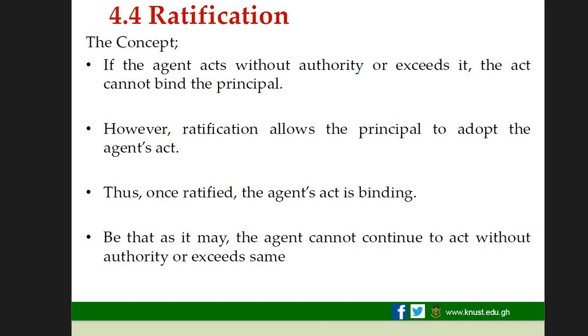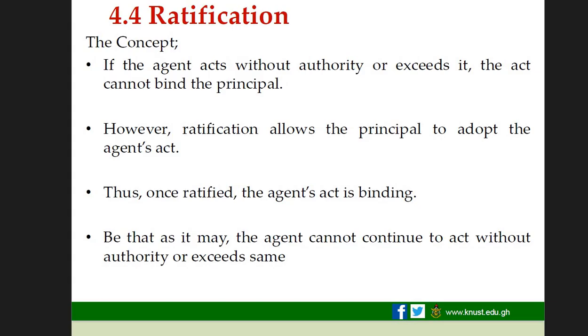Then let's talk about ratification. The concept of ratification is when an agent acts without the principal's approval, on his own without consulting the principal. Let's say you have been sent to sign a contract on behalf of a particular company.